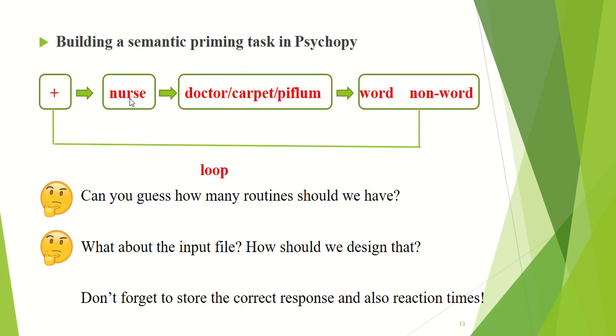As you can see here, this is the algorithm. We have a fixation cross, the priming word, and the target word, either related, unrelated, or a non-word, and then they should decide whether it is a word or a non-word.